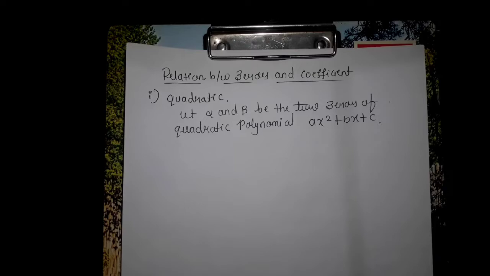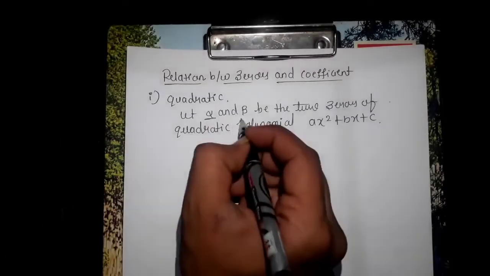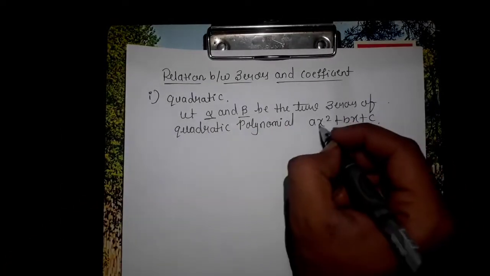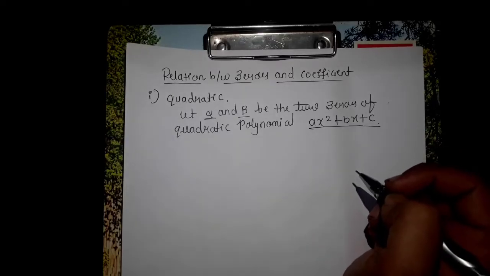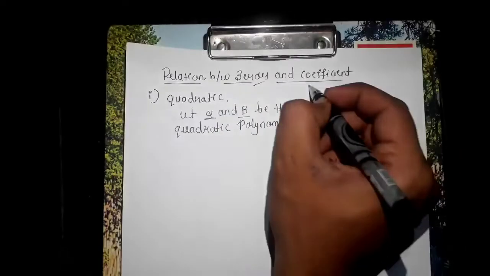Here what they have given? They have given two zeros, one is alpha and one is beta, of quadratic polynomial ax square plus bx plus c. Now we have to define the relation between zeros and coefficient.